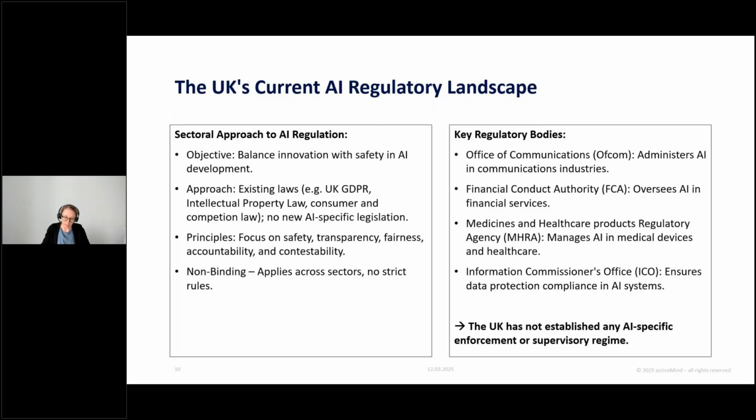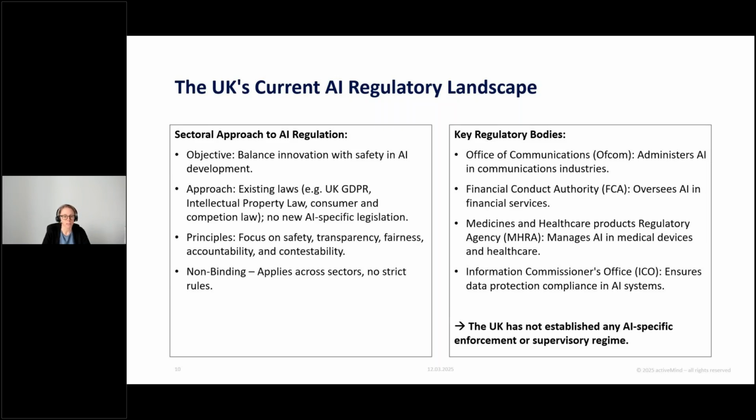And so far, the white paper on the regulation of AI is not a horizontal approach, but a principle-based framework. So the UK decided to balance innovation with safety in AI development. The approach is that there are existing laws.